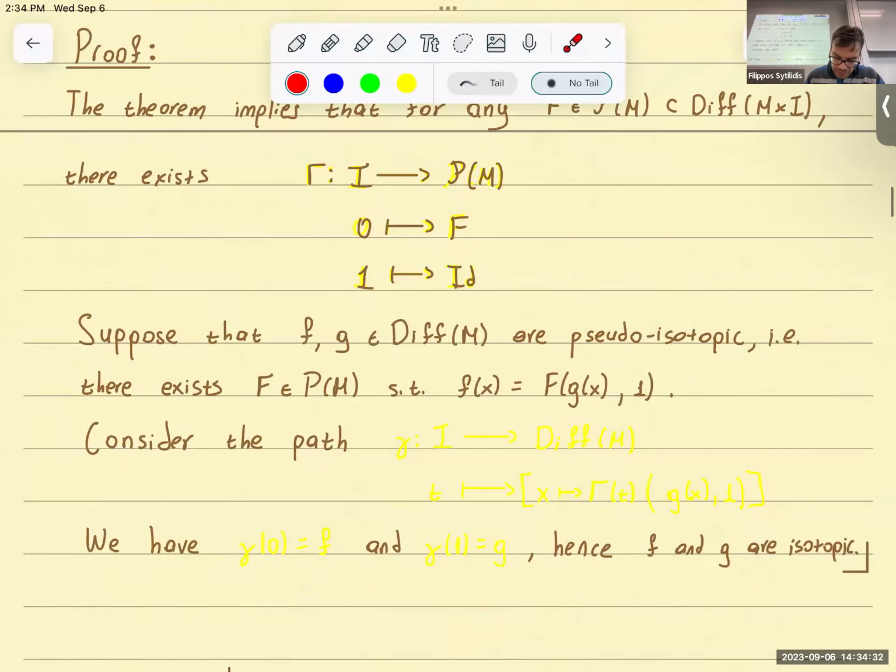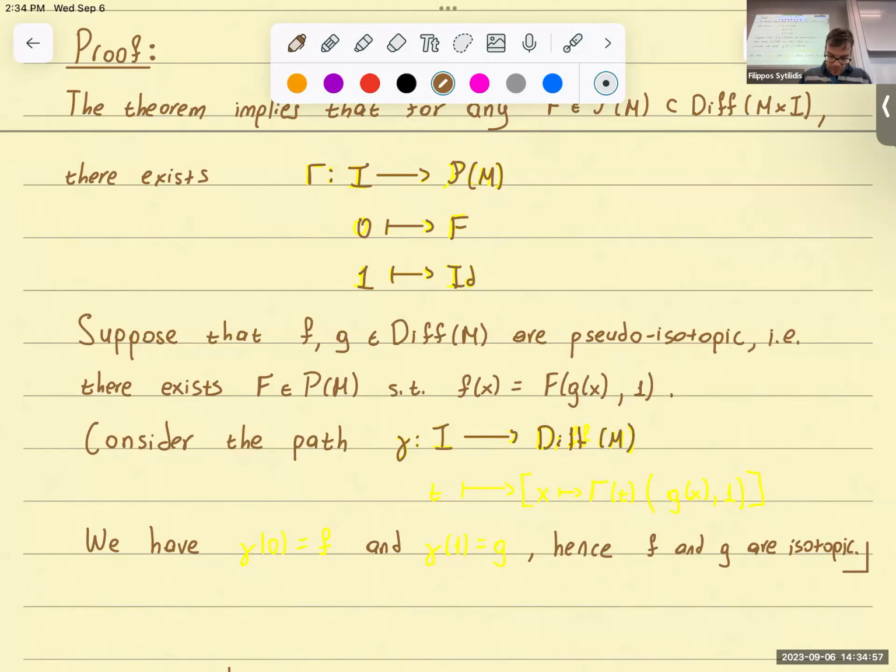I don't have too many things at my disposal, but gladly what I have is enough. So what I want to prove to you is that these two diffeomorphisms are actually isotopic. So I need to construct a path in the space of diffeomorphisms.